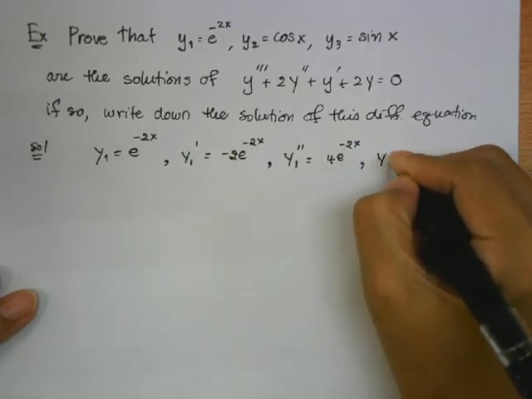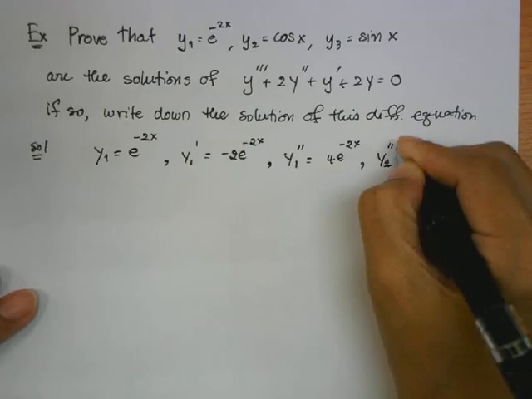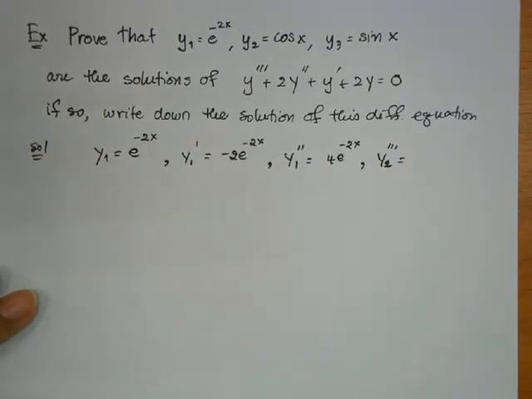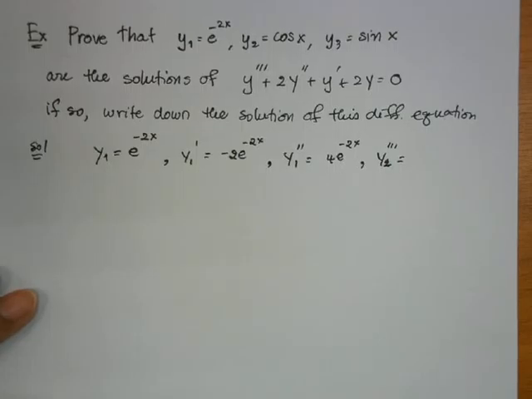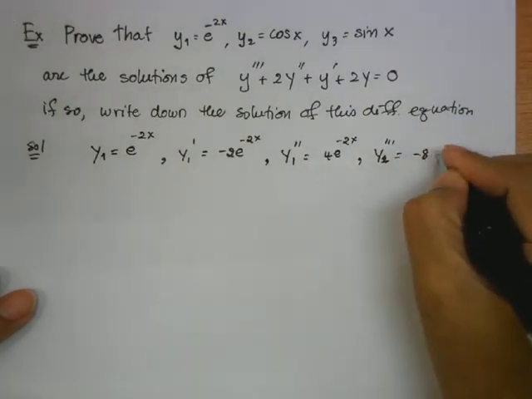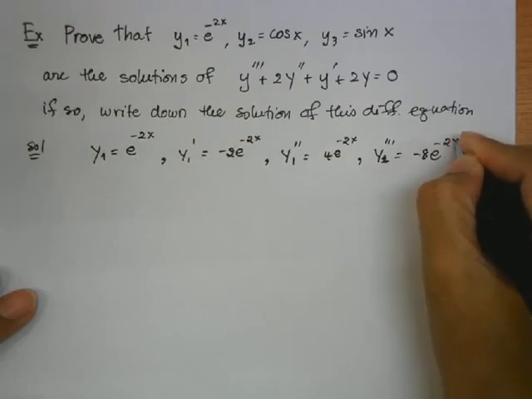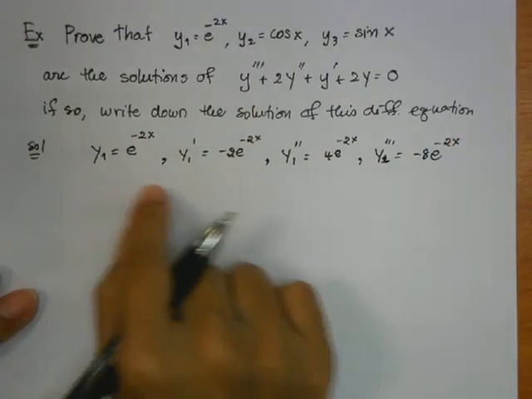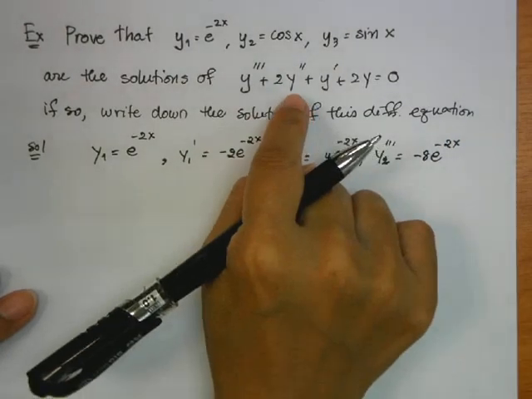How about the third derivative? Minus 8 exponential of minus 2x. And then you just plug these values into this differential equation.